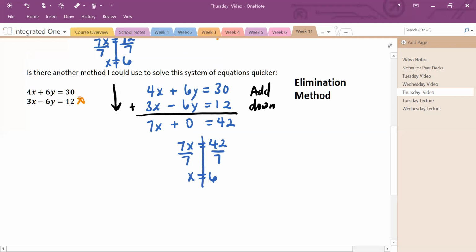Let's just pick one. We'll pick this bottom one right here. So we have 3 times x, and x is 6, minus 6y is equal to 12. So here we're solving for y, while over here we solved for x.